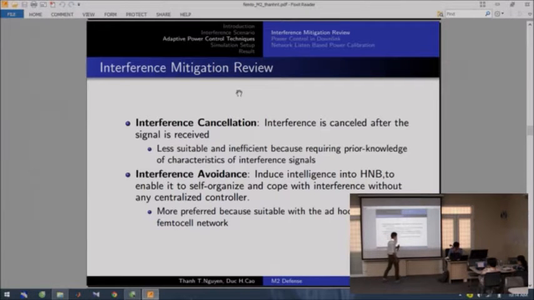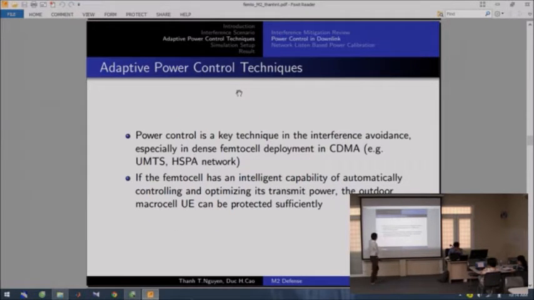Next slide. After some study of interference techniques, we see that power control is an important technique, and it is the most deployed technique in interference avoidance. Especially, this is very important in the CDMA network, which we deal with in UMTS and HSPA.